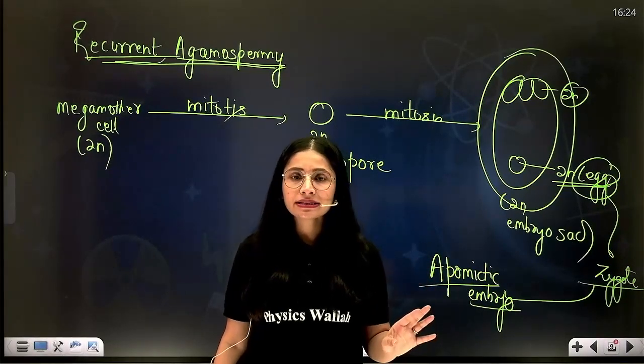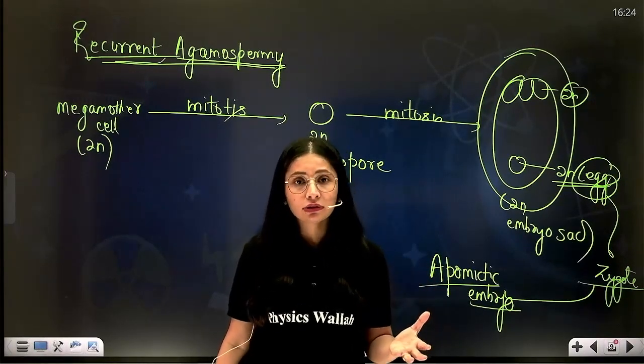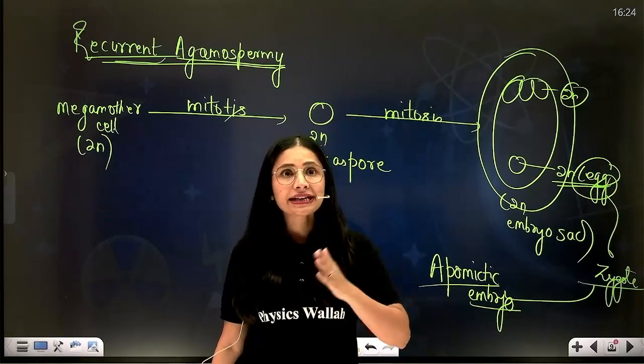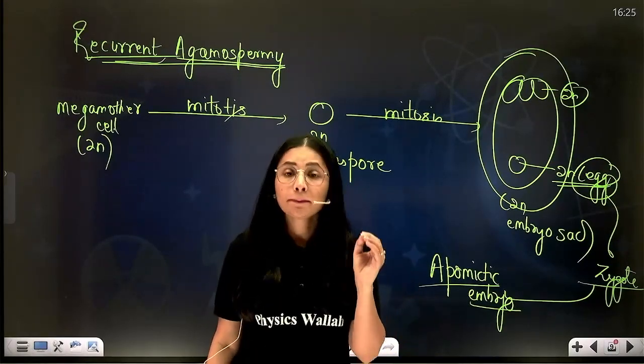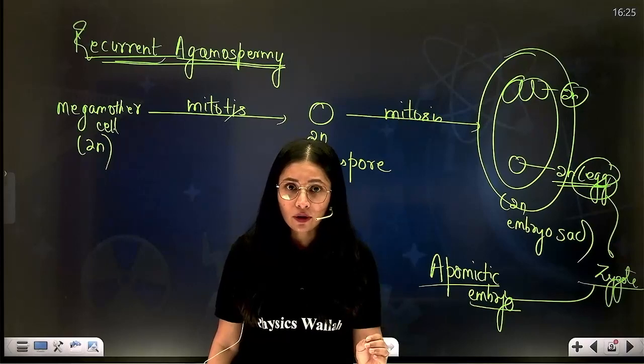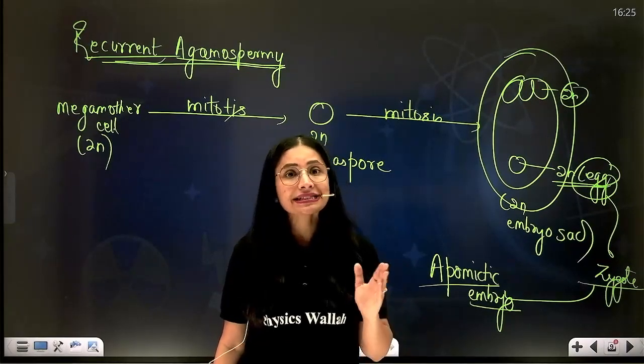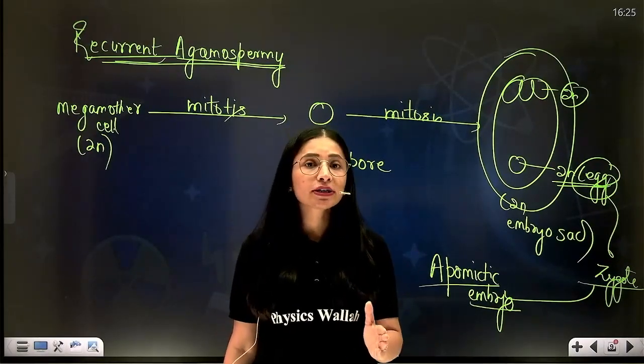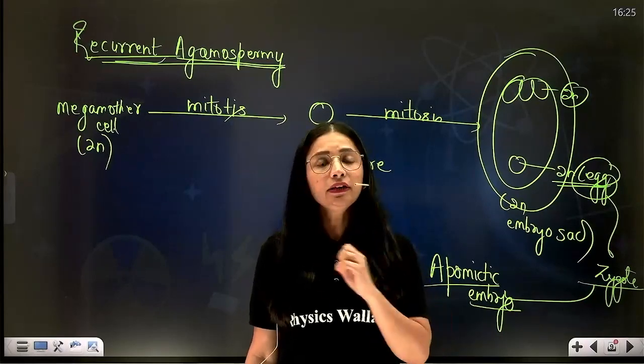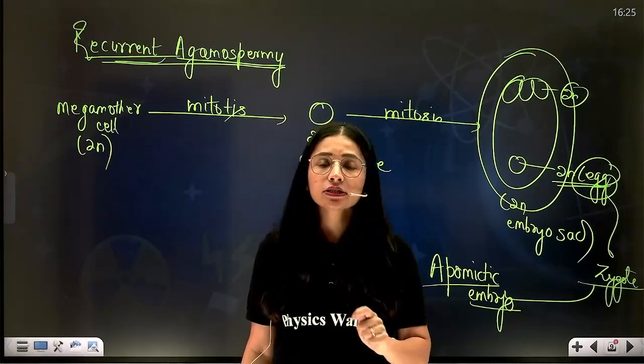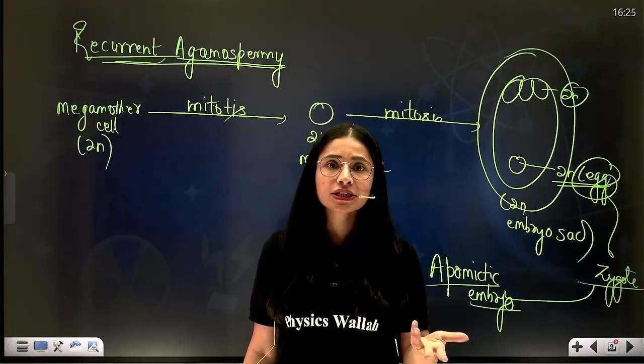What is apomixis? It is a type of asexual reproduction which mimics sexual reproduction because along with fruit formation there is also seed formation. Why is seed forming without fertilization?